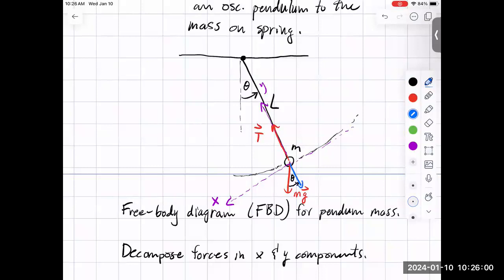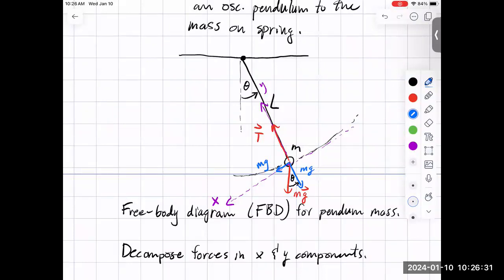It's in the negative y direction, and that is mg. Is it cosine or sine? Which one is cosine and which one's sine? The x is the sine, that's right.